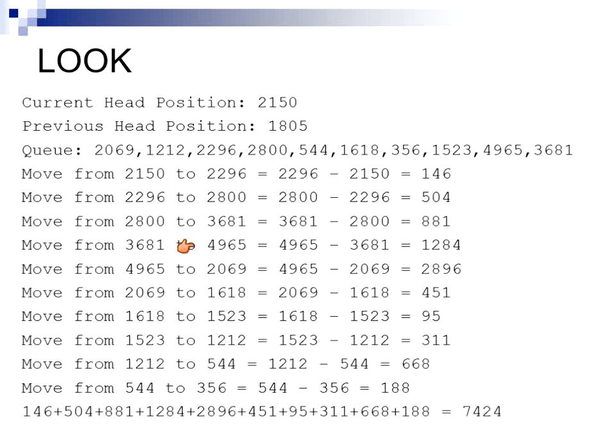It's going to immediately turn around, reverse direction, and go back to 2069, 1618, 1523, 1212, 544, and 356. And that will give us a total of 7,424 tracks, or the distance. That's how far that arm moved.